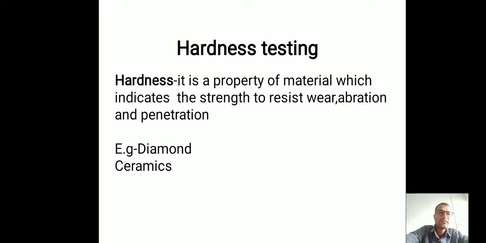So friends, what is hardness? Hardness is an important mechanical property of material which is familiar to us. Hardness is a property of material which indicates the strength to resist wear, abrasion and penetration.